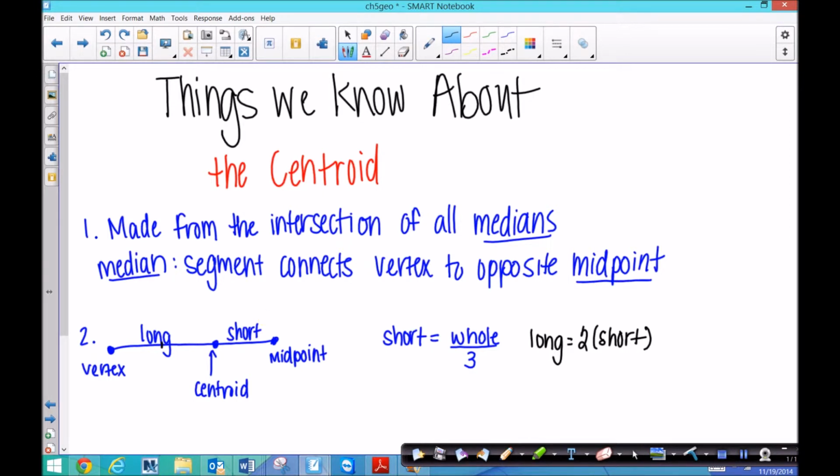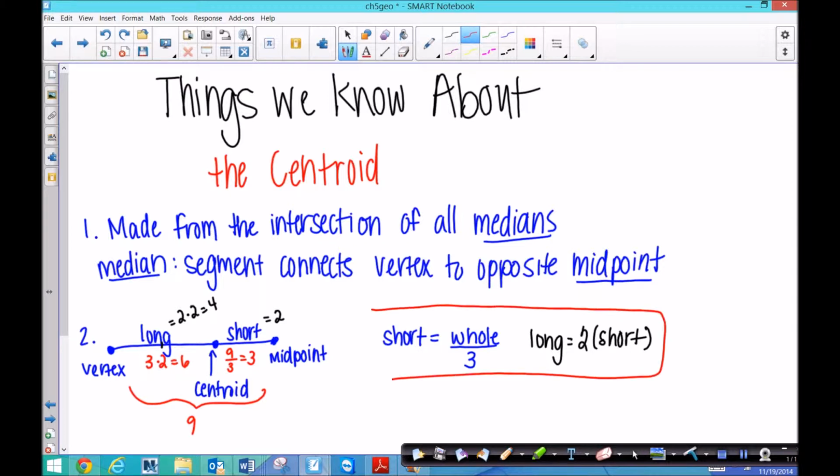For example, if you knew that the short was 2, then you could say that the long is 2 times 2, or 4. Or in another example, if I told you that the whole thing was 9, then you could take 9 divided by 3 to get the short, and then multiply that 3 by 2 to get the long. Okay, so pretty simple. These are the two big formulas that we need to remember for the centroid.